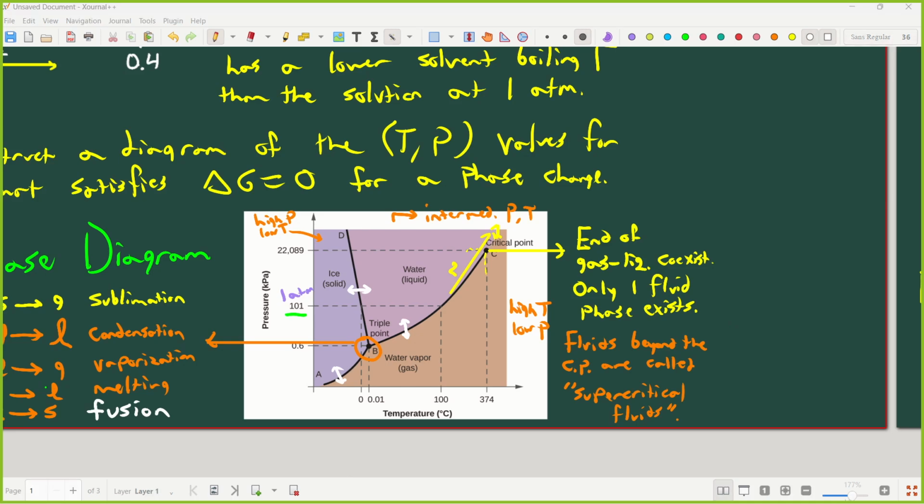I'll just pull up benzene's phase diagram. Now, I just typed in benzene phase diagram on Google image search, and the first result is a picture of benzene, but it has the water phase diagram. It's incorrect.